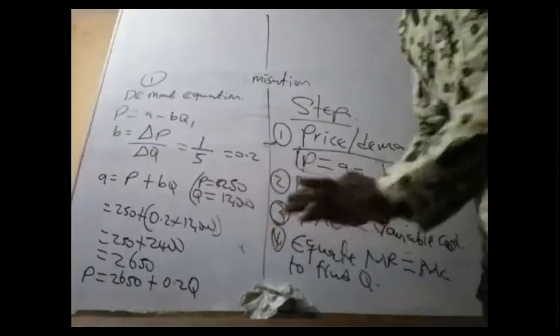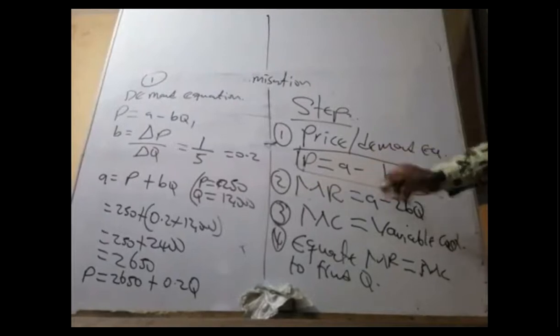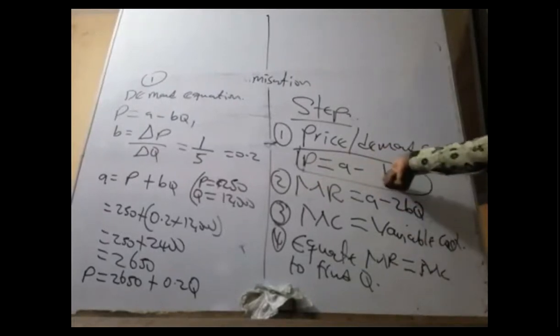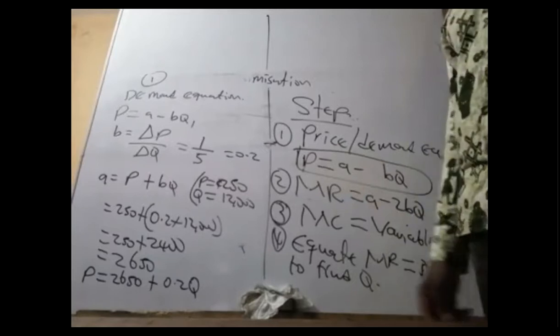For marginal revenue, relax, take your time. After you've gotten the price, just increase the coefficient or the gradient or the B or the slope by 2. Just multiply that one by 2 to give you what we call marginal revenue.